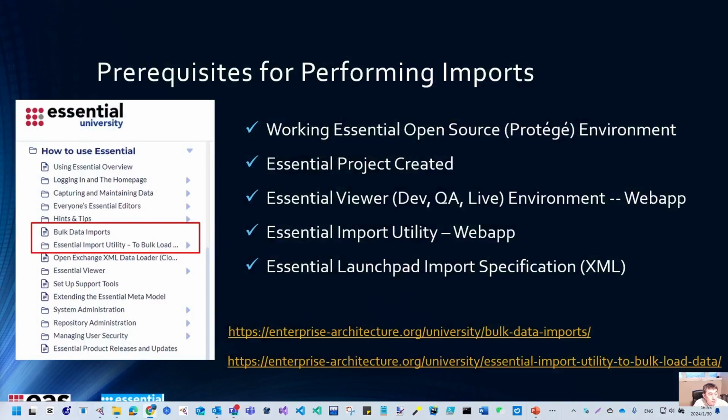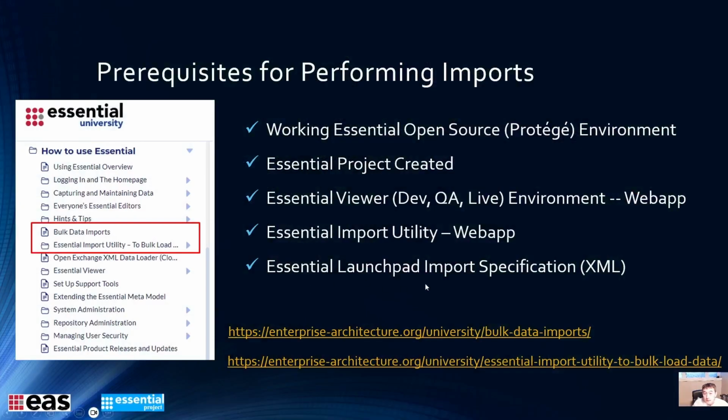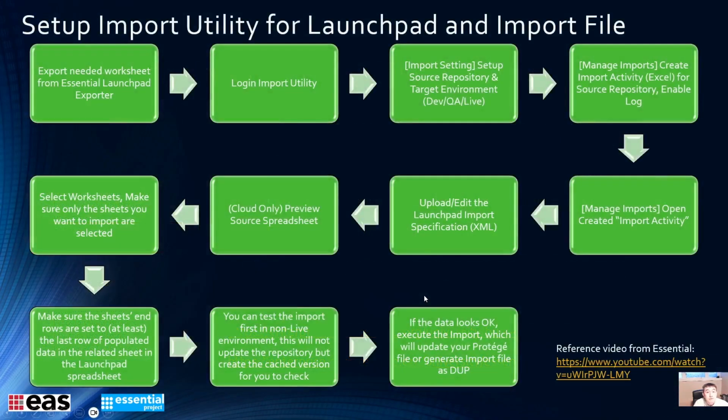Before I go to the demo activities in this PowerPoint page, I also summarized this into 11 steps. If you read through the university documents, you get this whole thing.